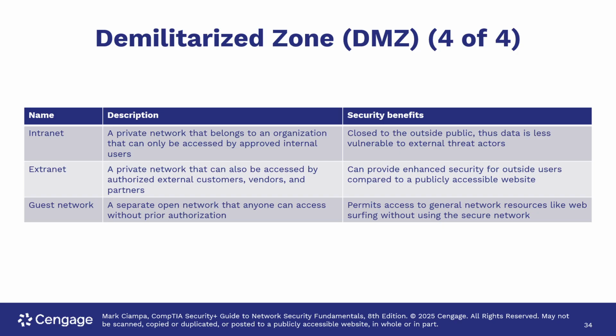And that's where you're going to have an extranet. It's a private network that can also be accessed by authorized external customers, vendors, and partners. And you also might have a guest network, a separate open network that anyone can access without prior authorization. So you have an intranet, you have an extranet, and you have a guest network.